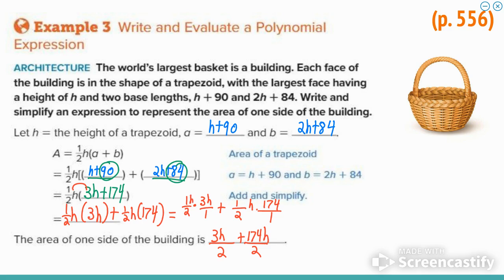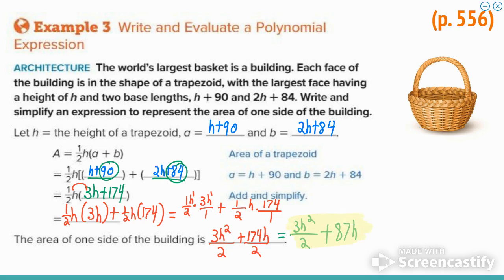So we need to add in this 1/2 h. So 1/2 h times 3h would actually be 3h squared, okay? This is to the power of 1. Sorry, just change that up. So that's how we get 174h over 2 there. So my final answer here, 3h squared over 2, that cannot be simplified. But 174 divided by 2, that could be simplified. That would simplify to 87, and we would need to keep the h. So my final answer for that, example 3, is going to be right there.